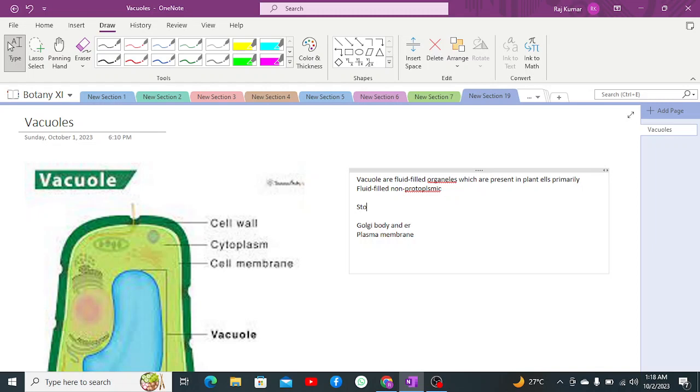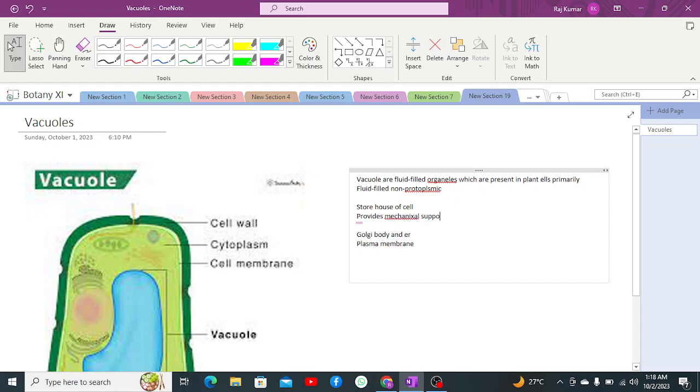It is the storehouse of the cell, and it provides mechanical support to the cell as well.